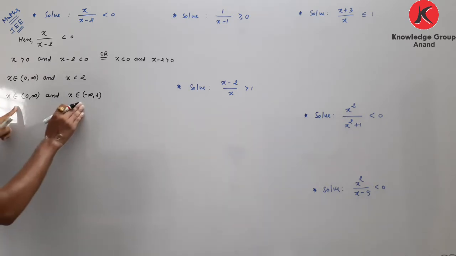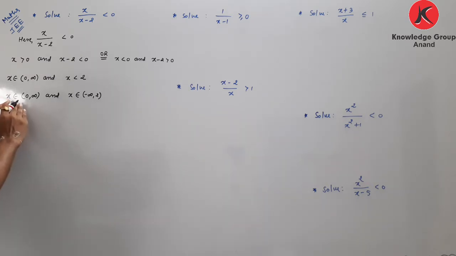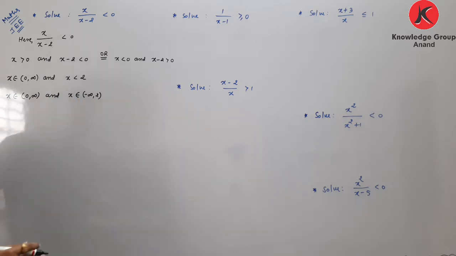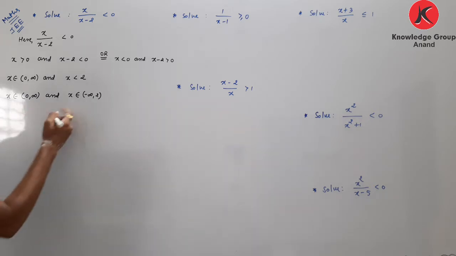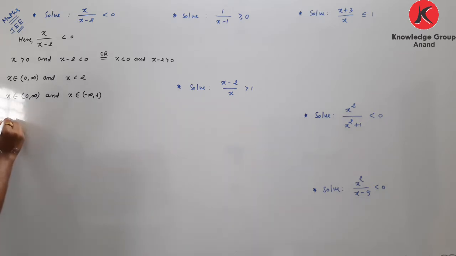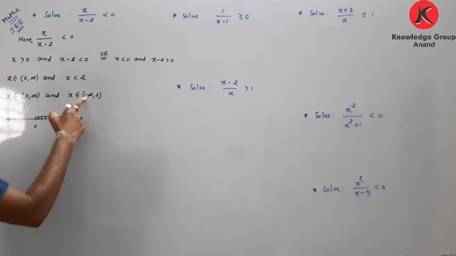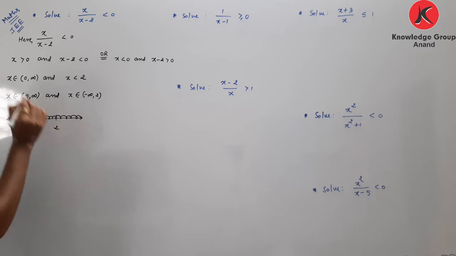Now what is the solution of these two? By combining these two, x belongs to 0 to infinity and x belongs to minus infinity to 2. Therefore, we are getting x belongs to 0 to 2 here. See here, this is our number line. This is 0, so 0 to infinity, and suppose this is your 2, minus infinity to 2.